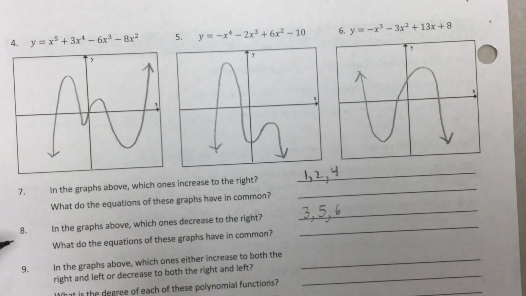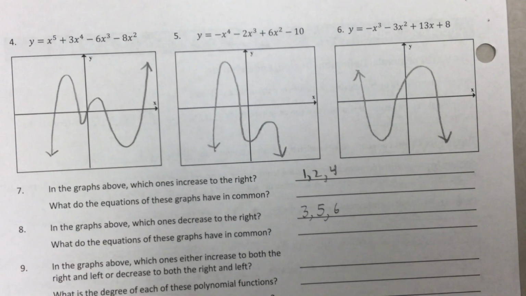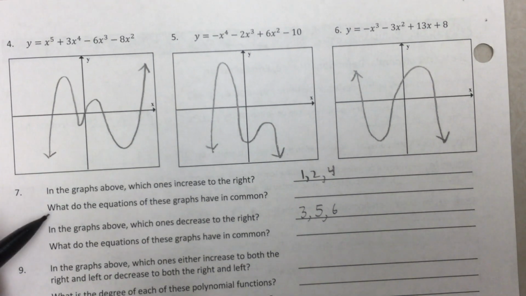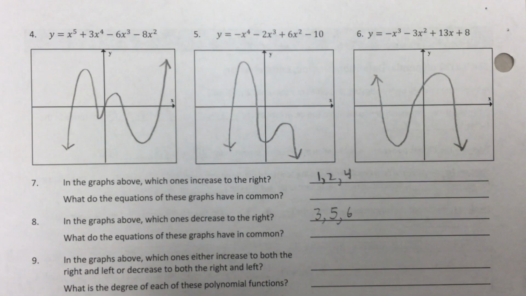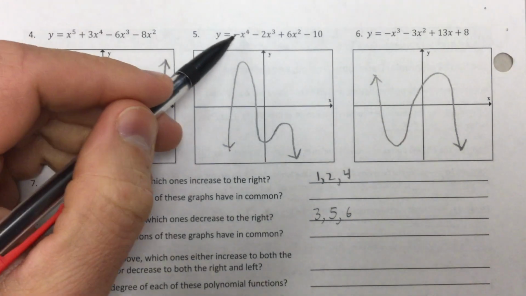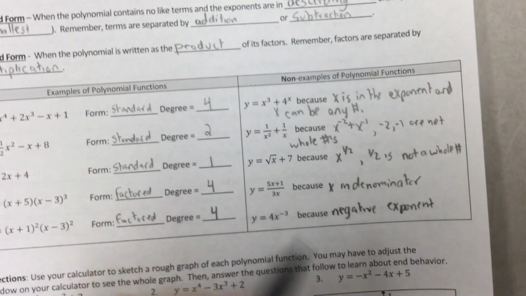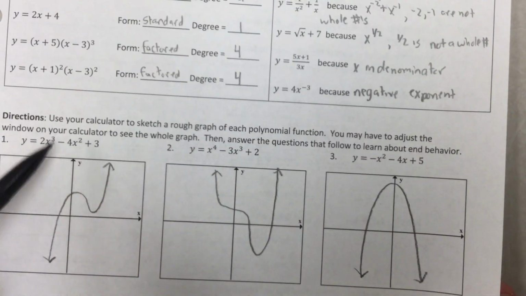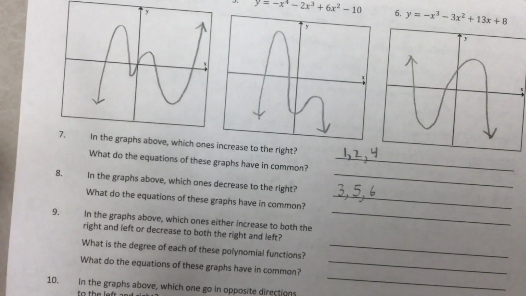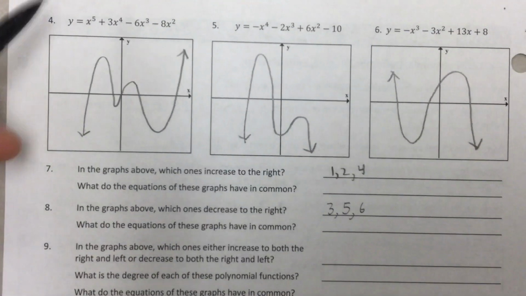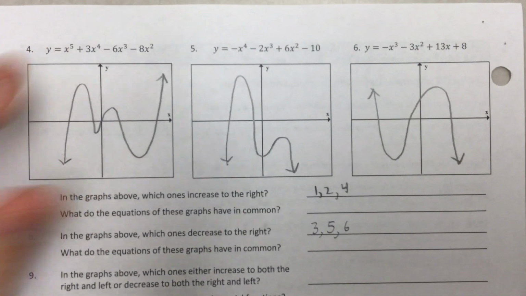So what do we notice about these, that some are causing them to increase and some are causing them to decrease? It actually might be easier to look at the decreasing ones and notice that the decreasing ones all have this negative in the very front, whereas the positive ones have a positive number out in front. Okay, so that's what's causing it to increase or decrease in the end.